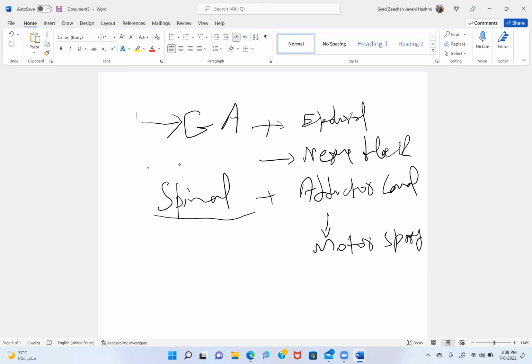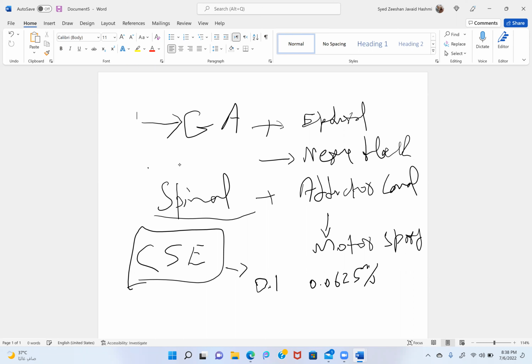We will shortly look at what the nerves for the knee are and what nerves you need to block. Or you can do a combined spinal epidural, with postoperatively as minimum as 0.1 or even 0.0625% of bupivacaine.